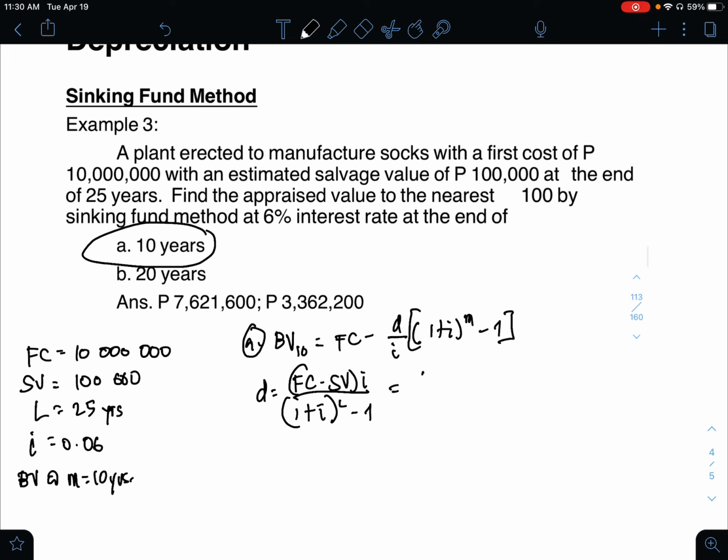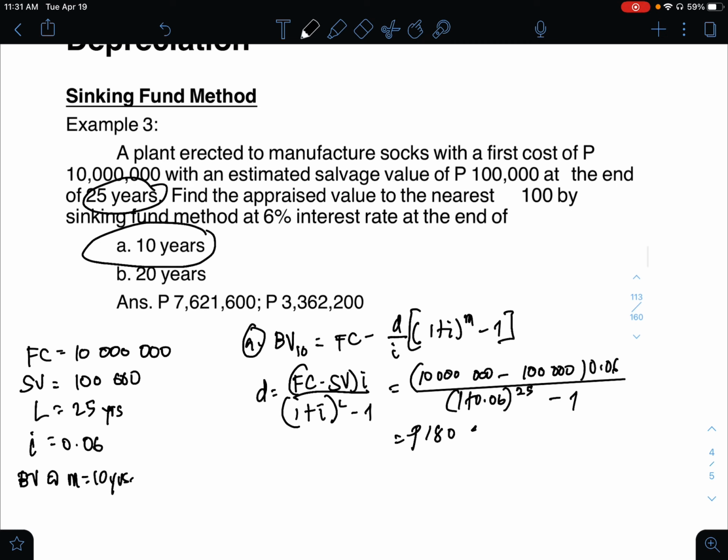So therefore, that is 10 million, our first value, minus the salvage value which is 100,000, times I which is 6%, all over 1 plus 0.06 raised to the power of 25 years, the life, L. So you have 180,444.51 pesos. So that is your depreciation value.